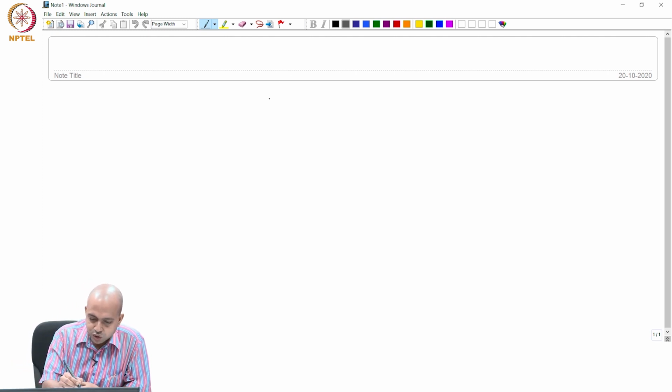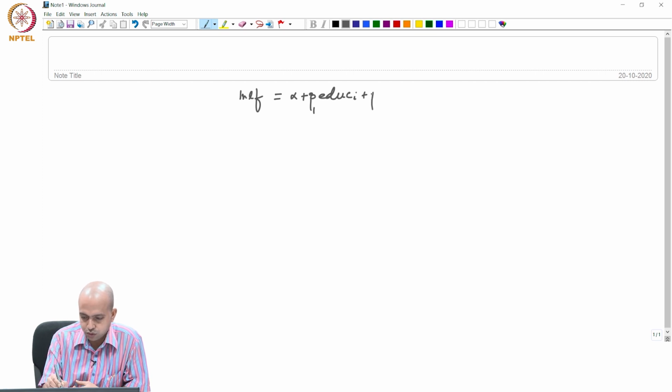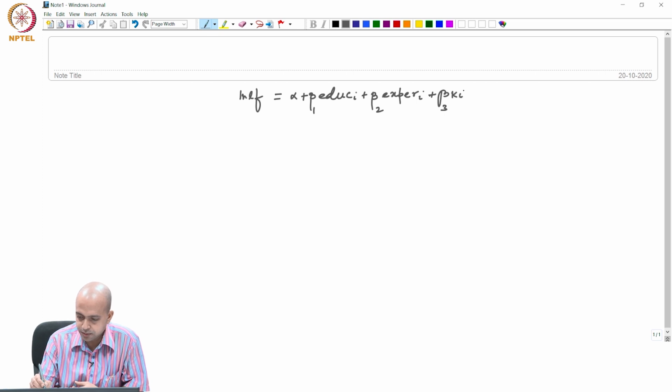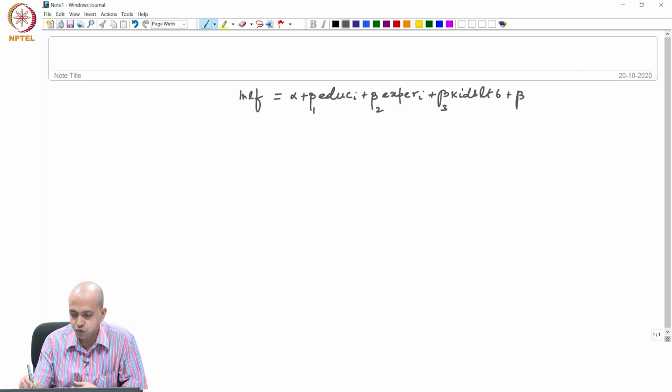So basically, your dependent variable was in labor force, INLF, which is equal to alpha plus beta 1 education plus beta 2 experience plus beta 3 number of kids less than 6 years of age plus beta 4, which is husband's wage, plus the error term.